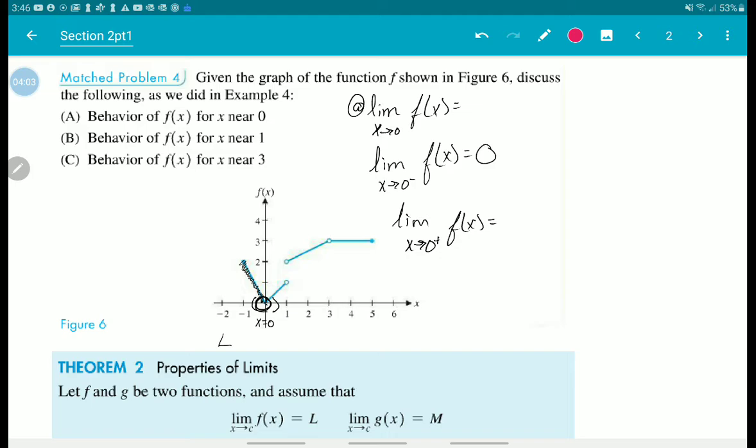Now if I look at the right-hand side, I'm going to come in from the right, and notice it jumps down here. And as I get close to 0, that y value is getting close to 0 also. Since the left-hand and the right-hand limits are both 0, then we say that limit does exist and that value for that limit is 0.